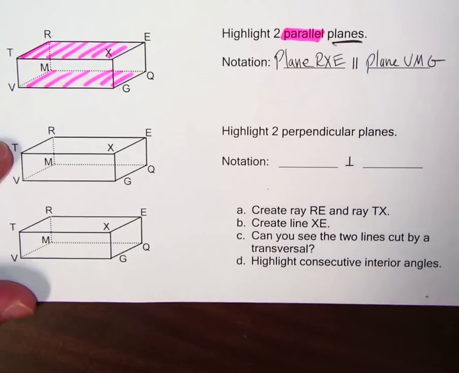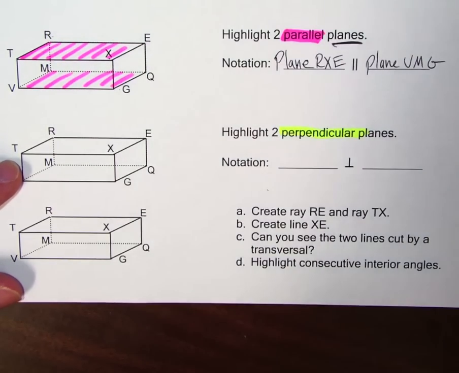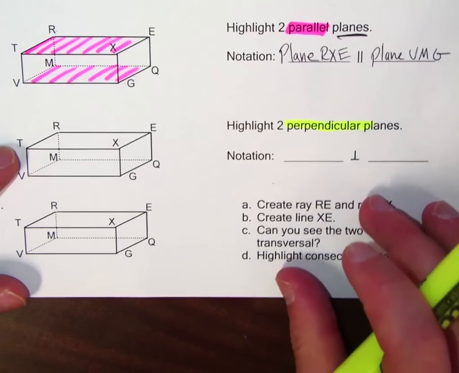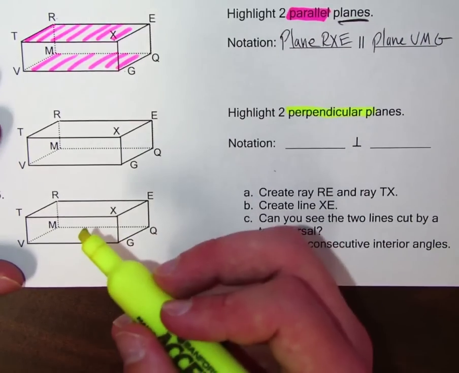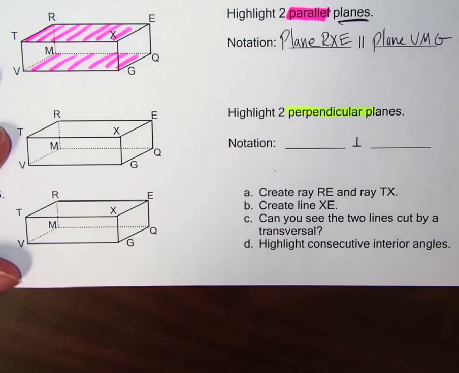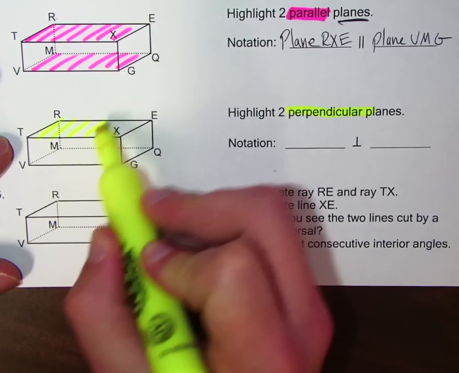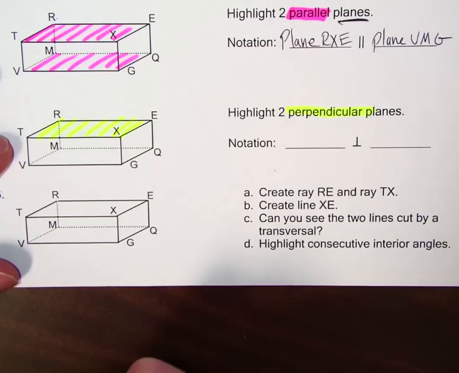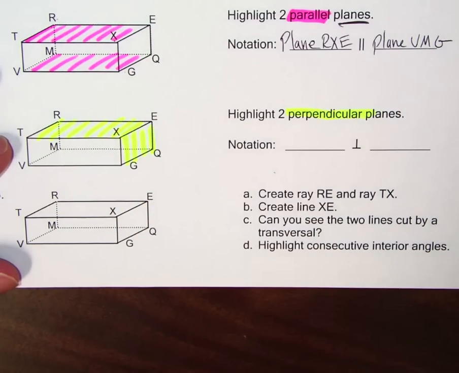Okay, now perpendicular, just like it sounds, 90 degrees. Let's go ahead and find them here. You can hit pause and try it. Okay, here I go. I'm going to go with the top of that prism. And then I'll go with this side.